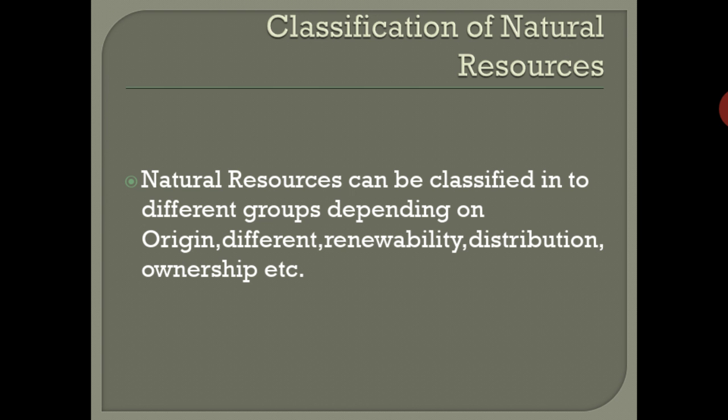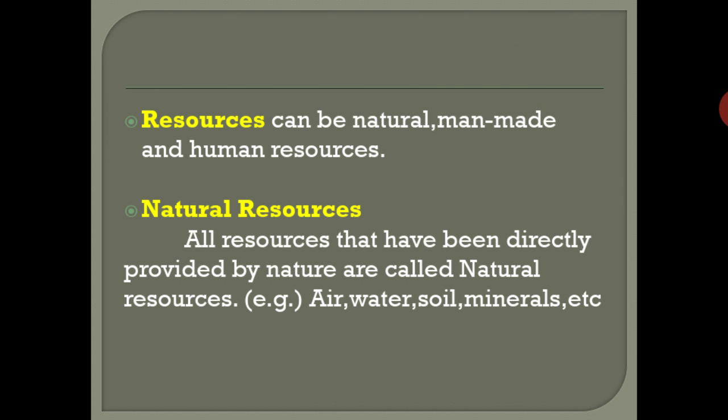How do we understand the classification of natural resources? Air, wherever it may be, we can renew it, no problem. For example, nowadays so much air pollution is happening, but we can rectify that. Water also we have the option.